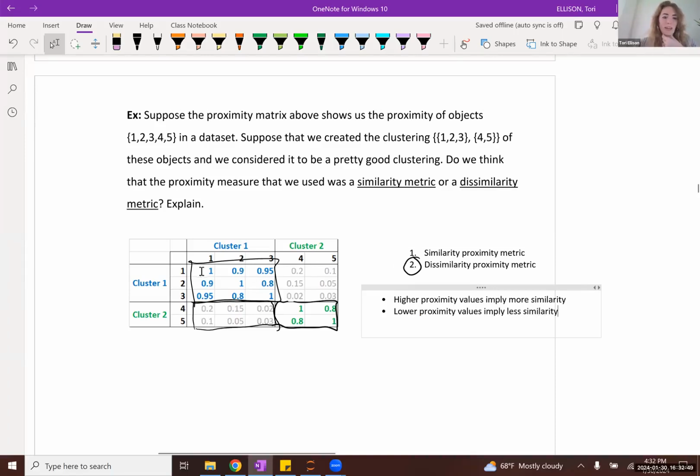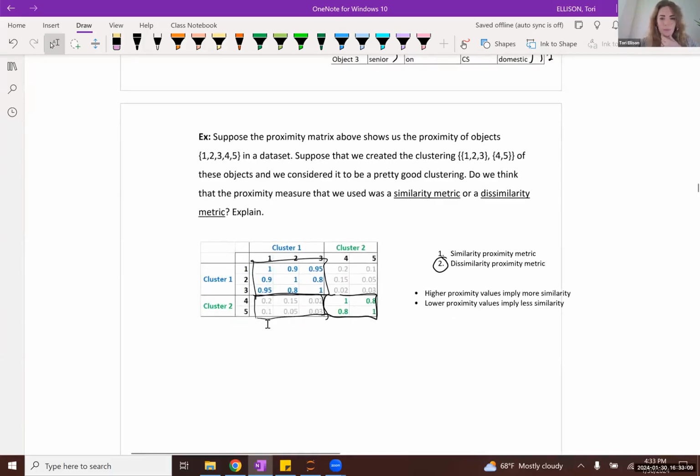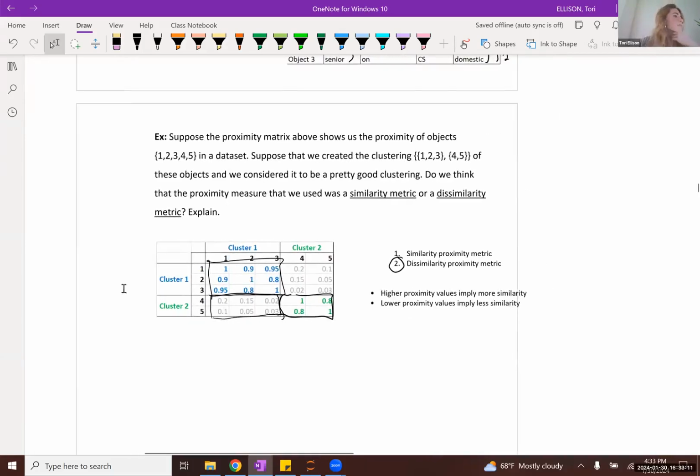Okay, so given that high values mean more similarity, this implies that cluster one is good. There's a lot of similarity within the cluster. Same thing here. And given that low values imply high dissimilarity, this is also good. Basically, that means cluster one and cluster two are very dissimilar from each other. Okay. Questions on that?